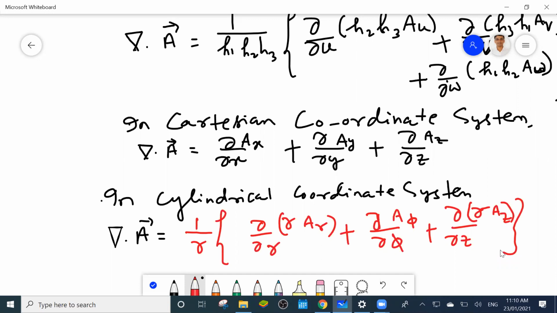So again the partial derivative. So what is the next step?